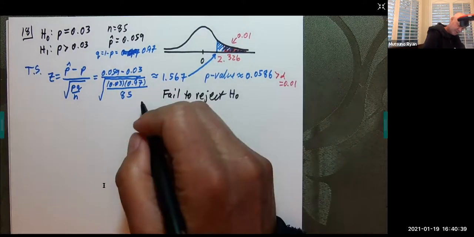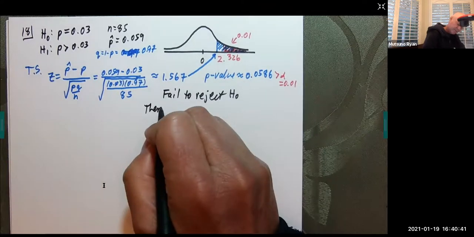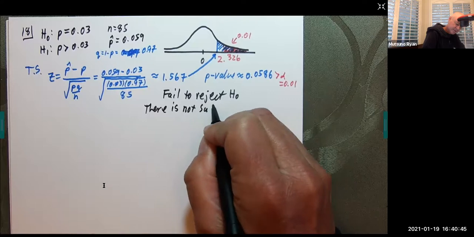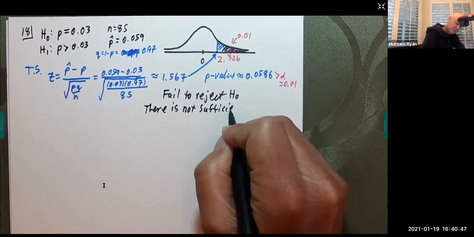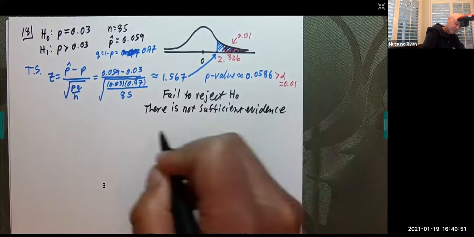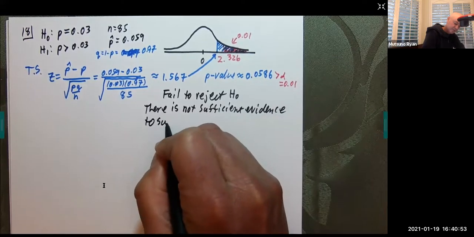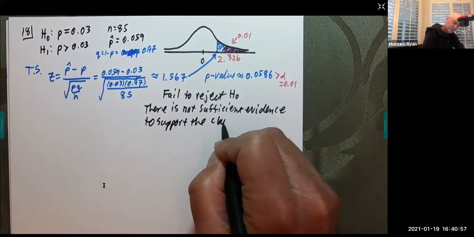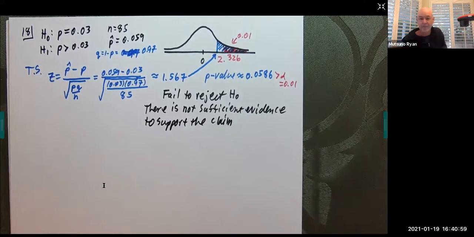This means there is not sufficient evidence to support the claim. What's the claim?